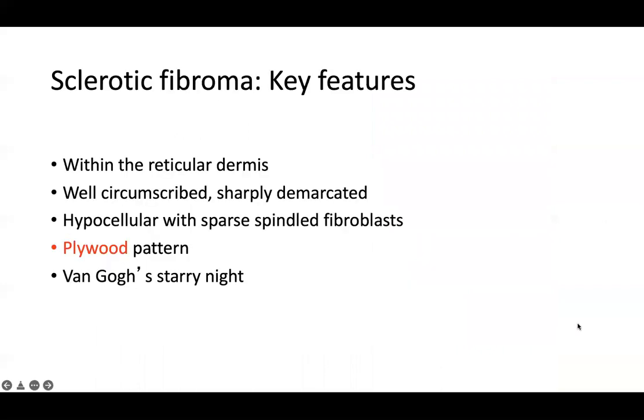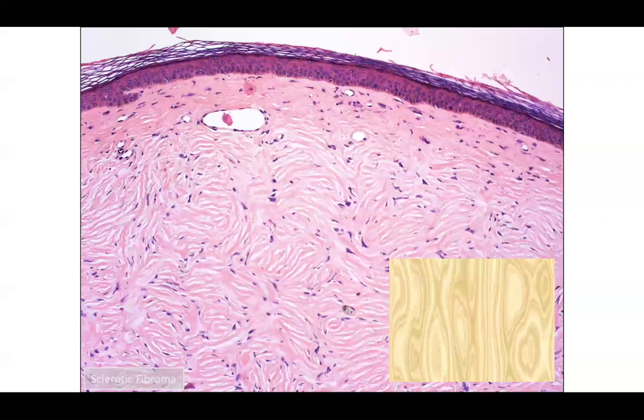Lhermitte-Duclos syndrome. So sclerotic fibromas, what you're going to want to look for is this plywood appearance. Here's an example of plywood as a photograph, but you can see the likening to the sclerotic fibroma here because you've got this plywood-like appearance.